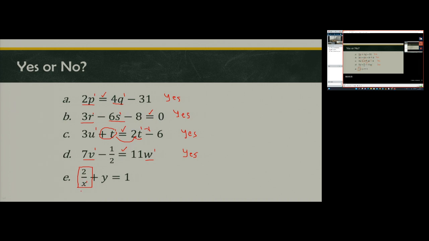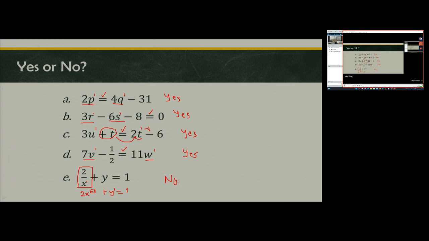And again, if we rewrite this, this is the same as 2x to the power of negative 1 plus y equals 1, right? And again, this is power 1, but this is not power 1. The answer here is no. Remember, the power of the variable should only be power 1. Okay? Do you understand?